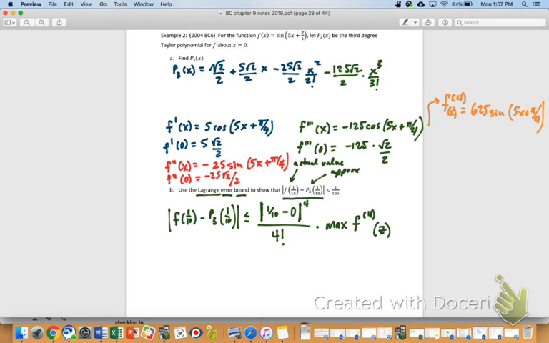Because the sine of pi over 4 is like at 45 degrees, which is root 2 over 2 times the 625, but adding something to the pi over 4 is going to give you a bigger sine value than the 5x to the pi over 4.